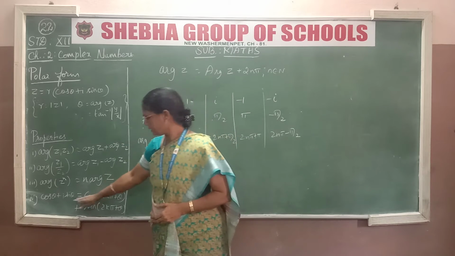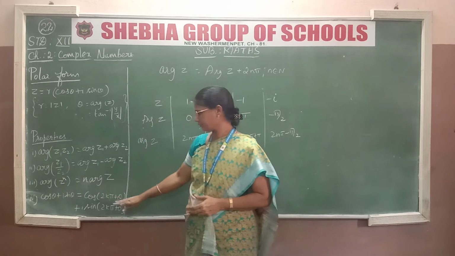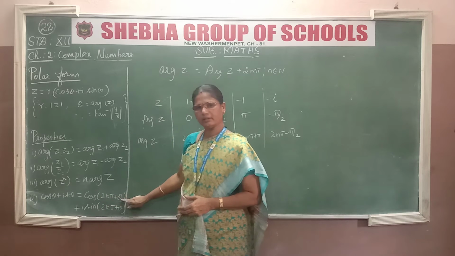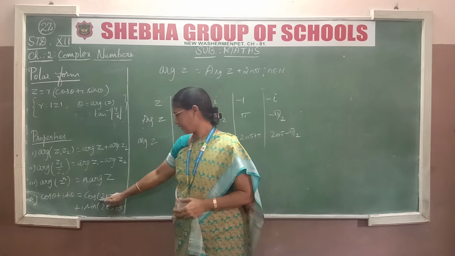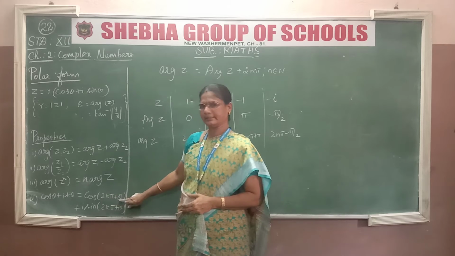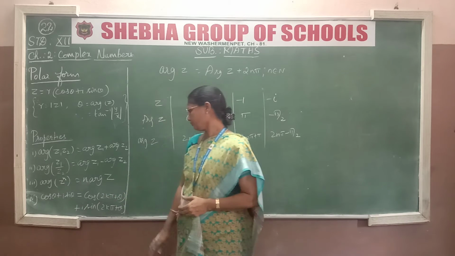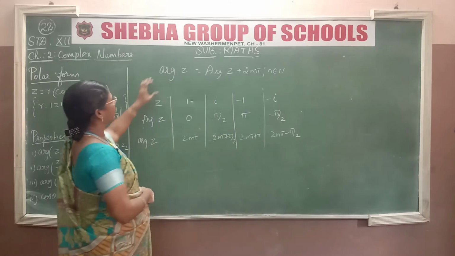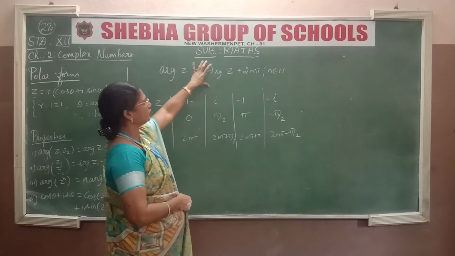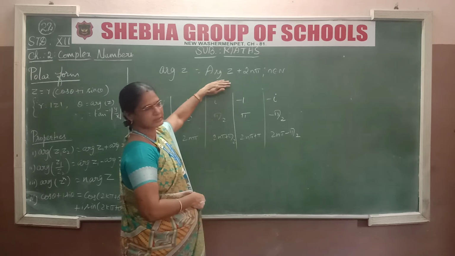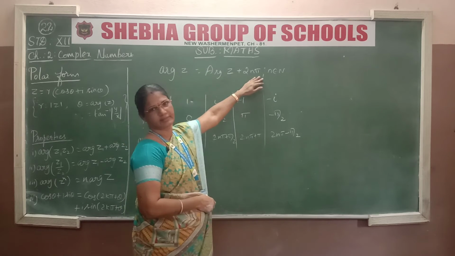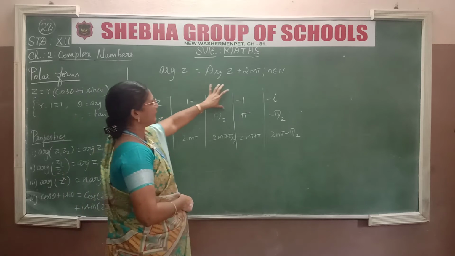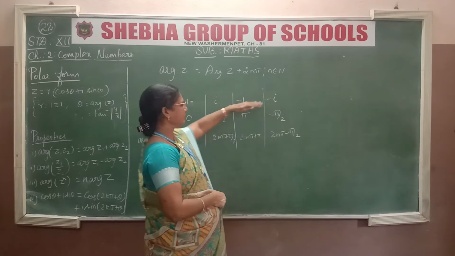The last one is cos theta plus i sin theta equal to cos of 2k pi plus theta, where theta is the principal value. We can add 2k pi with theta, plus i into sin of 2k pi plus theta. And argument z equal to capital Argument of z, this is the principal value, plus 2n pi, where n is an integer. For 1, i, minus 1, minus i, instead we use the argument.